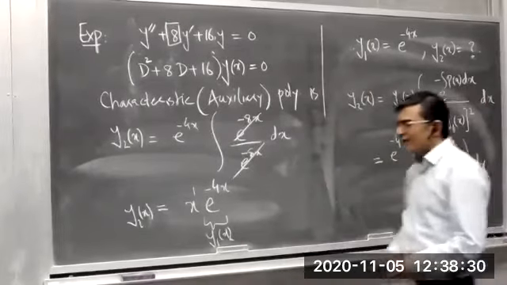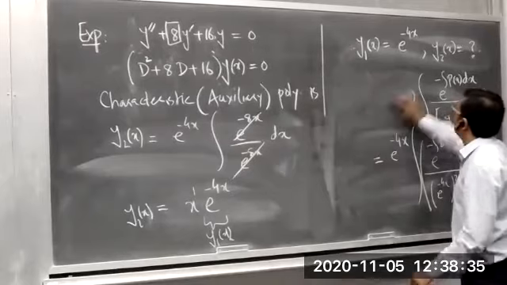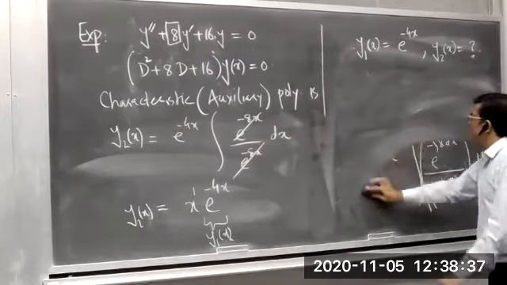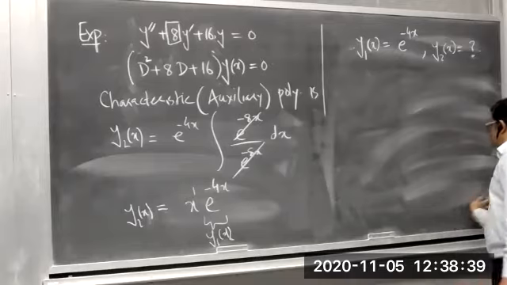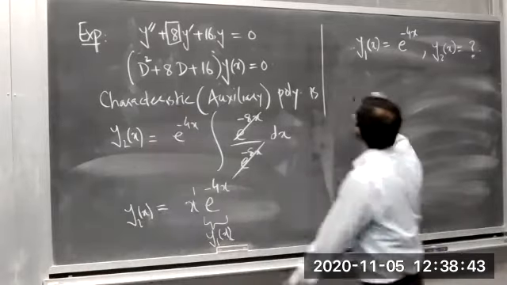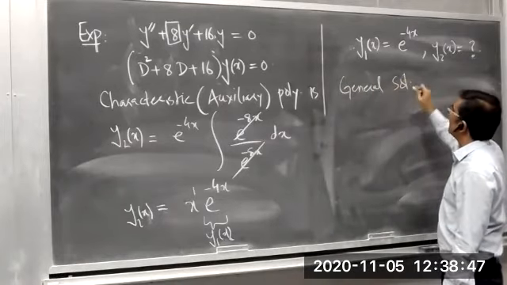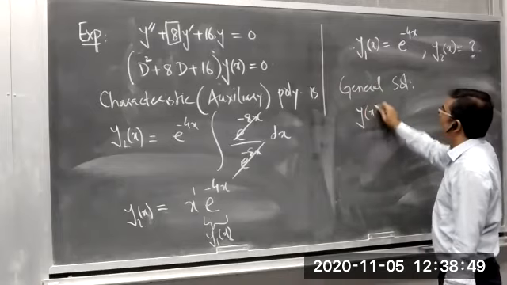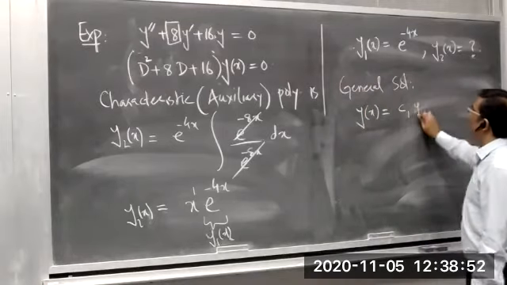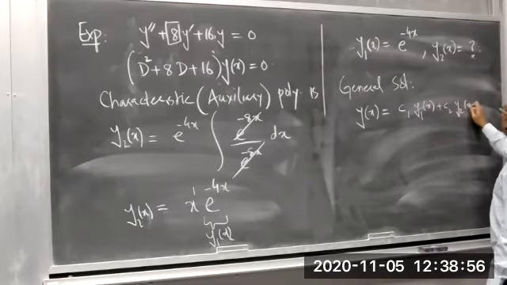Now we can write a general solution of the given differential equation by writing the linear combination of the two solutions. The general solution in this case is what? It is y of x. It is a linear combination of c1 y1 of x plus c2 y2 of x. Okay.